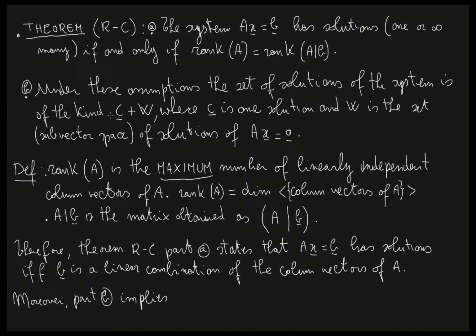Okay, so as a set, we are taking subvector space W, and we are summing all the vectors of this vector space by a fixed vector C. Geometrically, this operation is called translation. Well, the set of solutions of any system of linear equations is a translated of a subvector space.